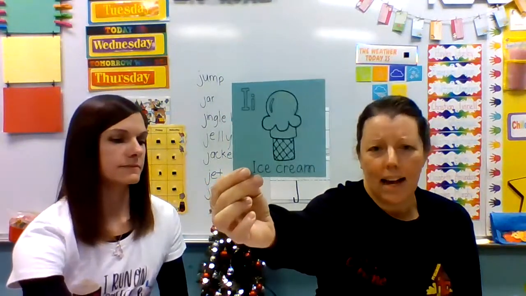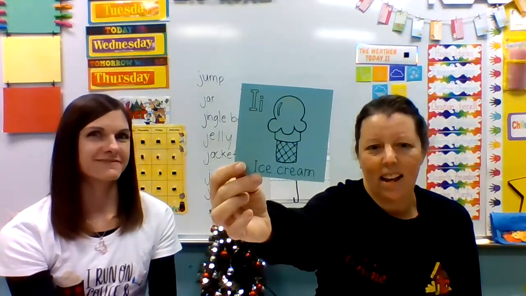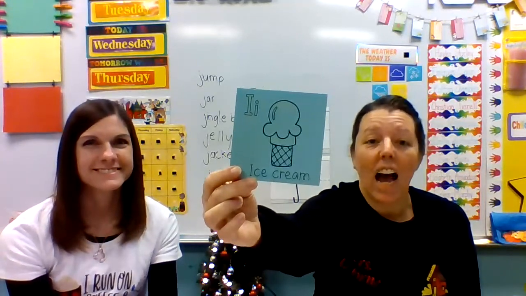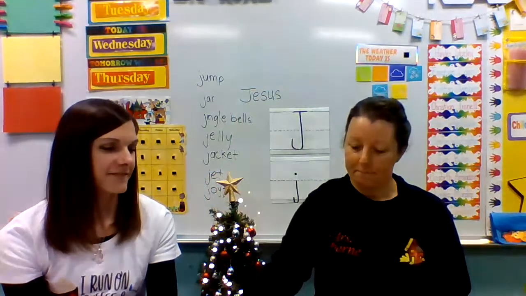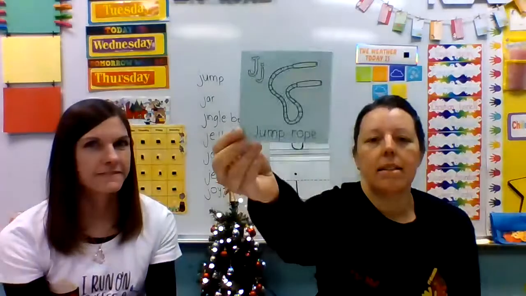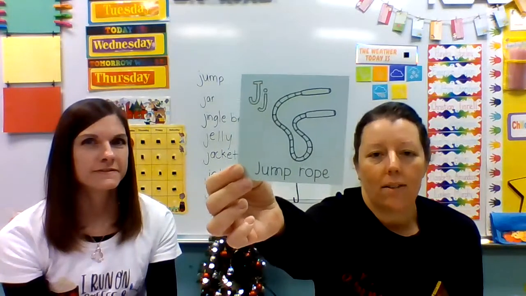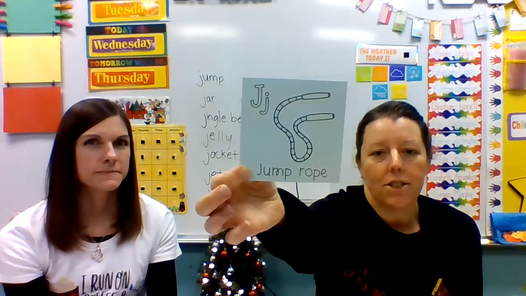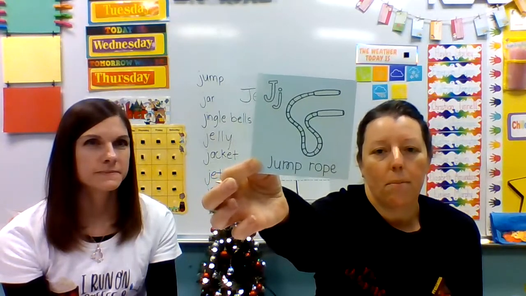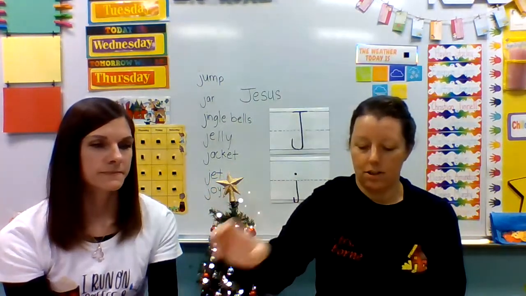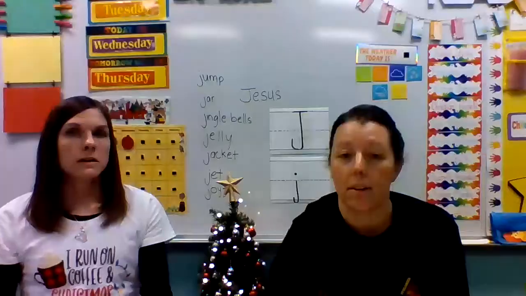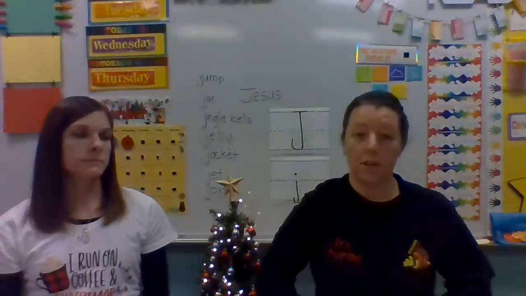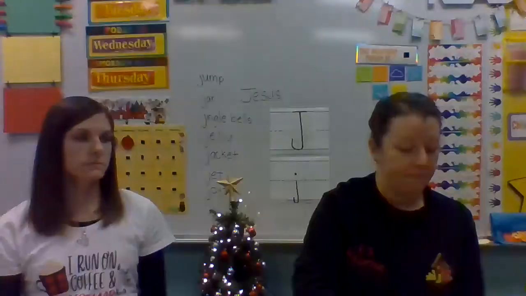I know nobody likes ice cream, right? Yes, I like ice cream. And what we're up to now, the letter J for jump rope. Good job. Make sure that you're reviewing all of your letters at home so that you can remember all of them.